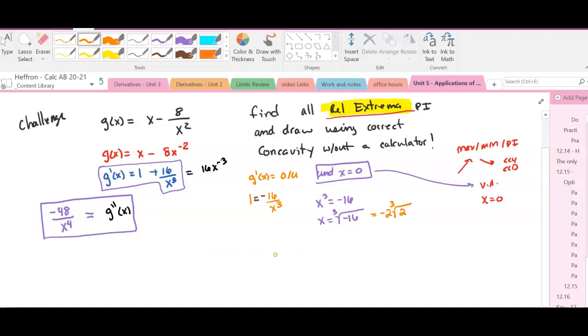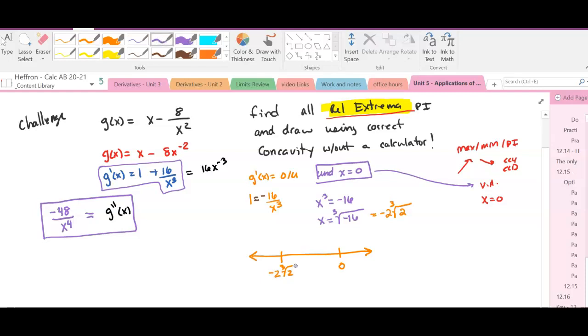So now I'm going to do my line test to see where my derivative is positive and negative. So I know key points are 0 and negative 2 cube root of 2.